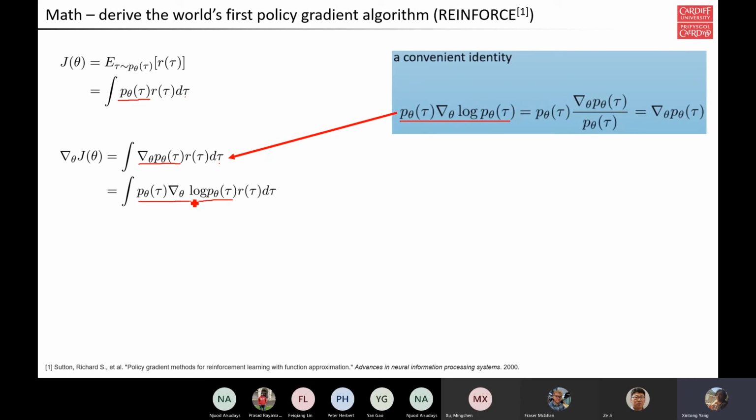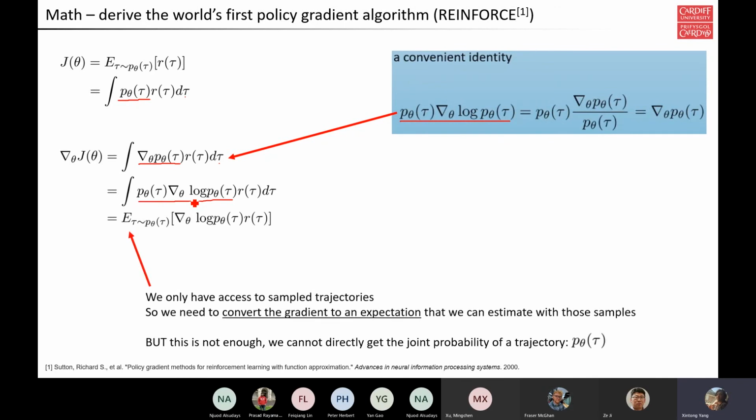And this is good because now we can express this equation as an expectation, right? We take this pi theta of tau and this d tau and the integral out. Then it becomes back to the expectation. But the gradient operator is still here, which means we have a way to evaluate the gradient. Okay, so now we can evaluate the gradient, which means we can update the parameters of our policy.